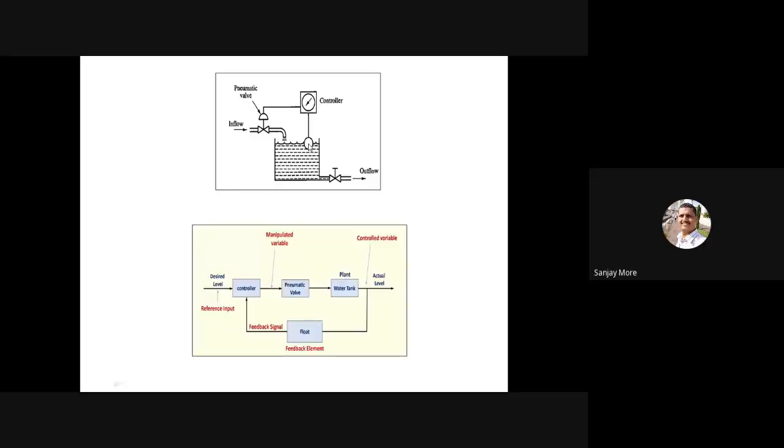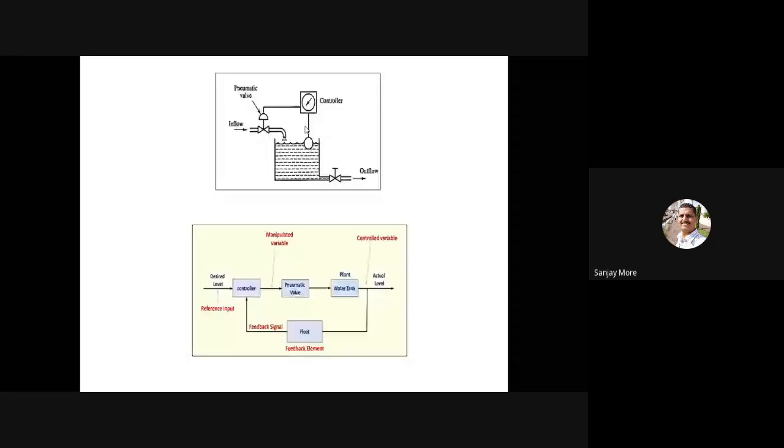Okay. So this upper diagram displays the water level control. Here is the inflow, the pneumatic valve. This is a float, a bulb or a hollow ball, to indicate the water level and give a signal to the controller to shut off this pneumatic valve and stop the flow.